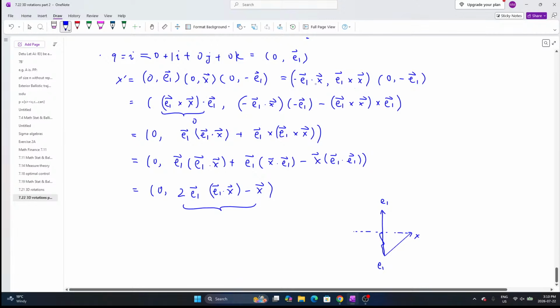So here I want the, that's positive, right? Using the BAC-CAB rule, so E1 x dot E1. What happened with x times E1 dot E1?